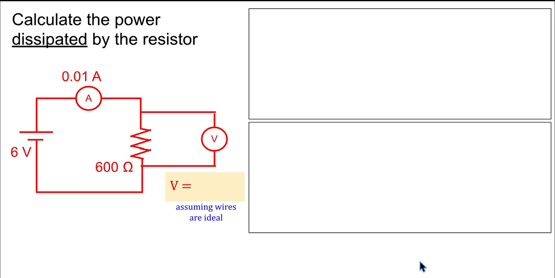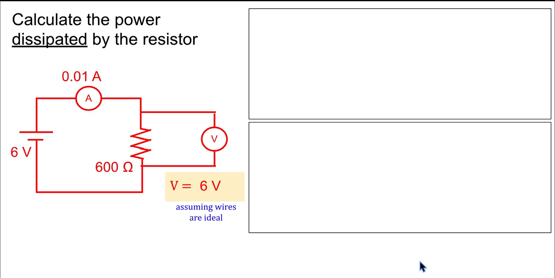So if we wanted to calculate the power dissipated by the resistor, again, we could calculate it in the same way, but if we wanted to really focus on the value of the resistance, this is something we'll need later in our course, we might rearrange our equation a little bit to allow for this. And please note that the voltage we will assume to be the same across the resistor as across the battery. We saw in the lab that there is a slight difference when you measure with a voltmeter across the resistor or a light bulb.